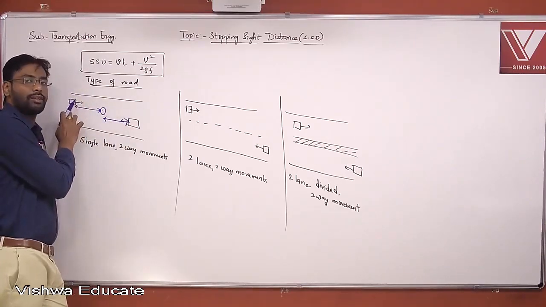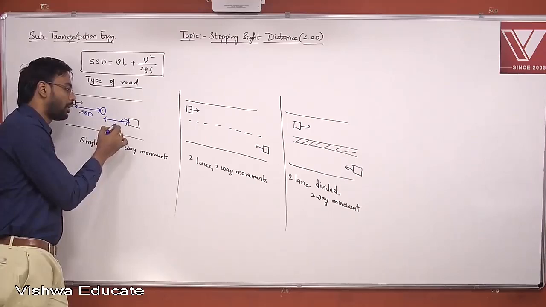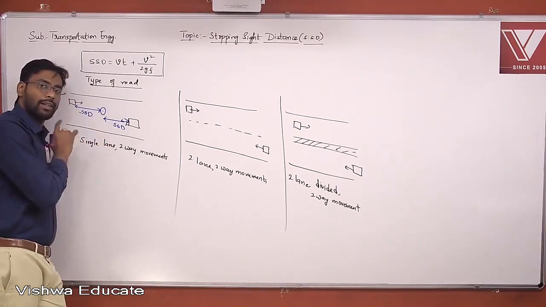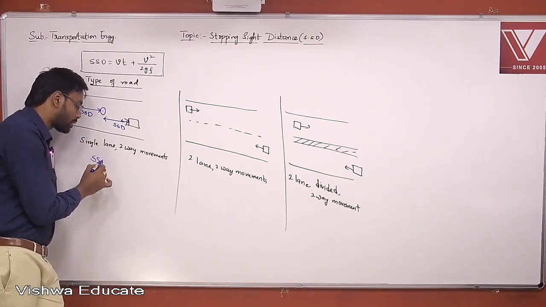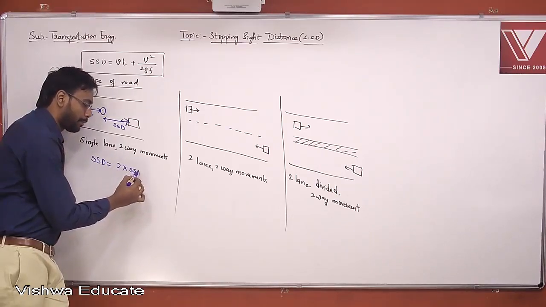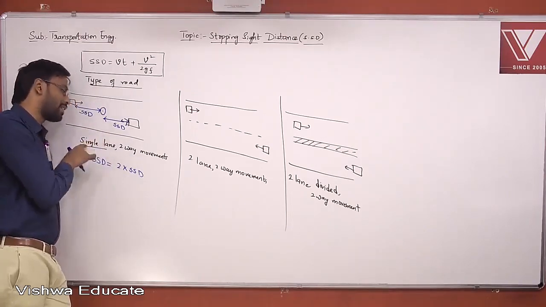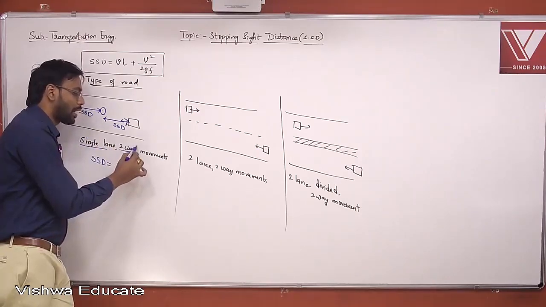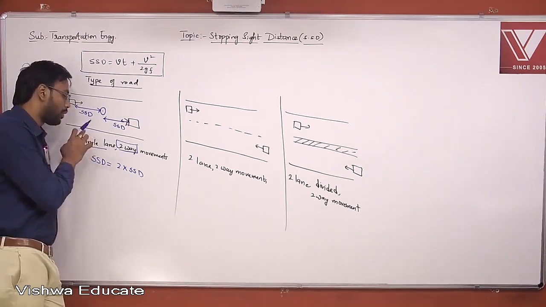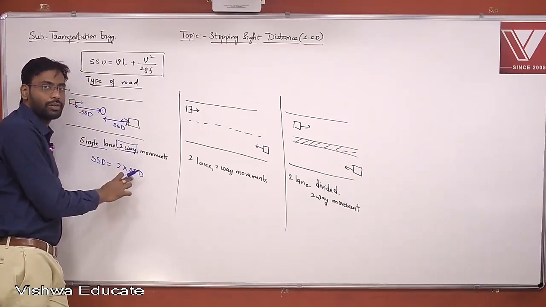And for this vehicle to stop, it requires an SSD, and for this vehicle to stop, it requires an SSD. So in order to avoid an accident, what is the sight distance required? It is nothing but 2 times SSD. As it is having only a single lane, and in that single lane, vehicles are moving in both directions. So for a single lane, two-way movement, SSD is equal to 2 times SSD.